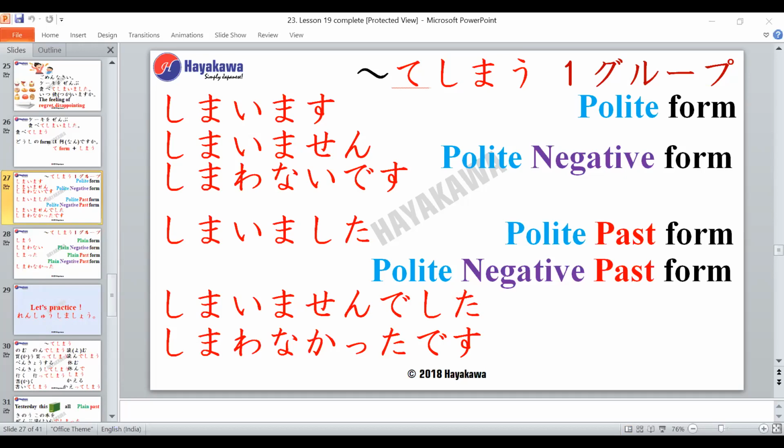And the polite negative past form will be shimaimasen deshita or shimawanakatta desu. Very good. So it is shimaimasen deshita or shimawanakatta desu. So any doubts over here? No, sir.